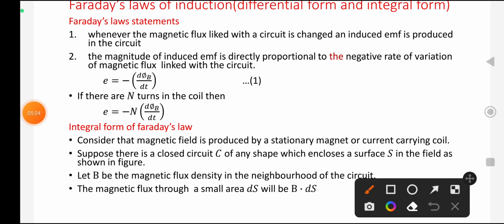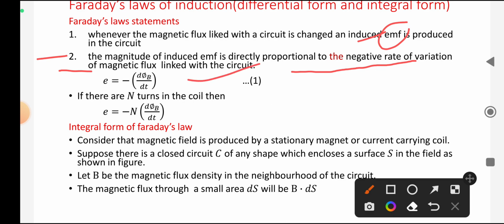The second statement is: the magnitude of induced EMF is directly proportional to the negative rate of variation of magnetic flux linked with the circuit. Here we said an induced EMF is produced, and this statement says how it varies.